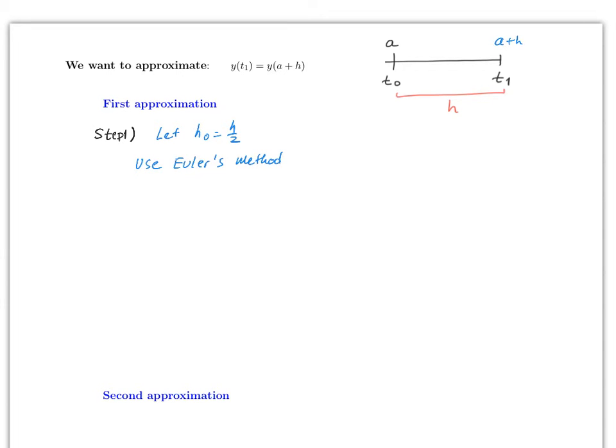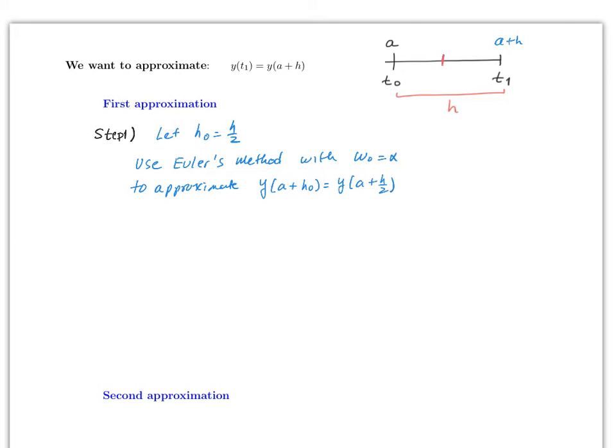Okay, the beginning of chapter 5, Euler's method, with the initial condition W0 equals alpha, to approximate y of a plus h0, which is the same thing as y of a plus h over 2.